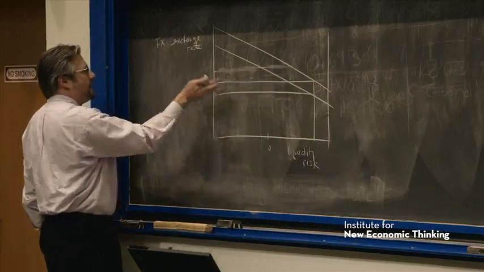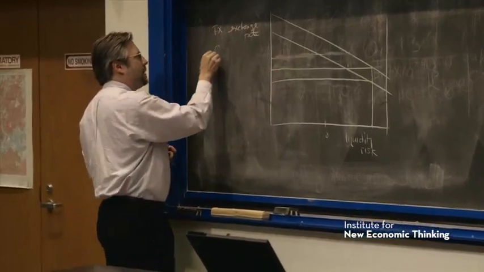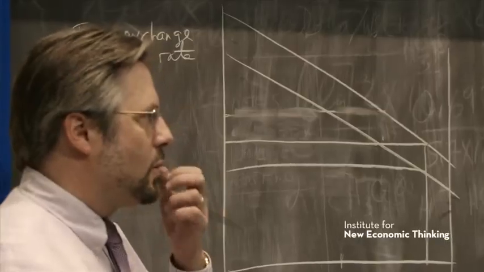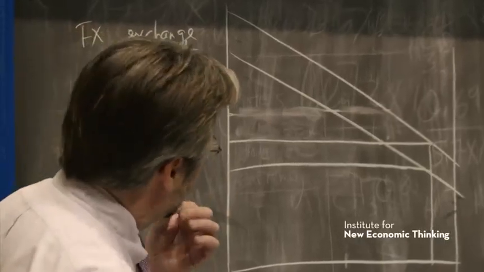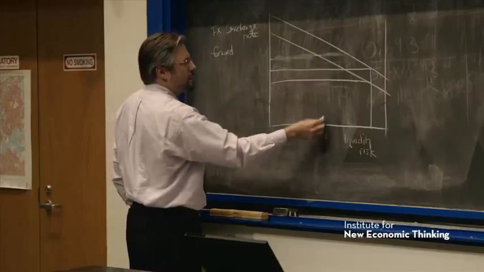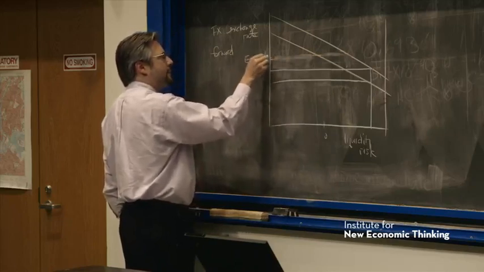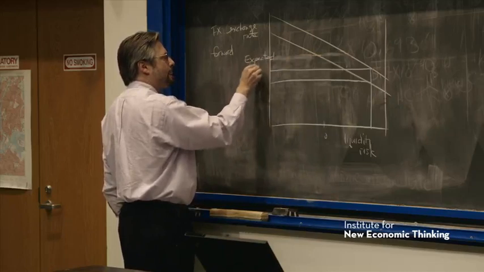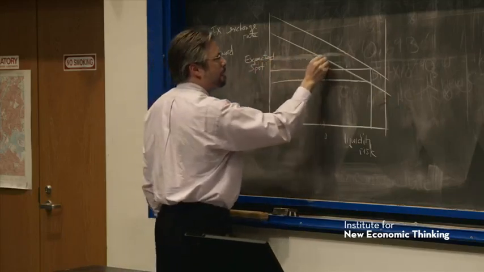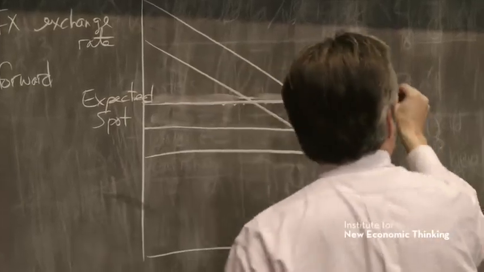I'm quoting on this axis the exchange rate and also the forward rate. They're both exchange rates, so you can quote them both on the same axis. And the idea here is that there's some expected spot rate, which is maybe here, or I'll draw a line here. Expected spot rate is here.